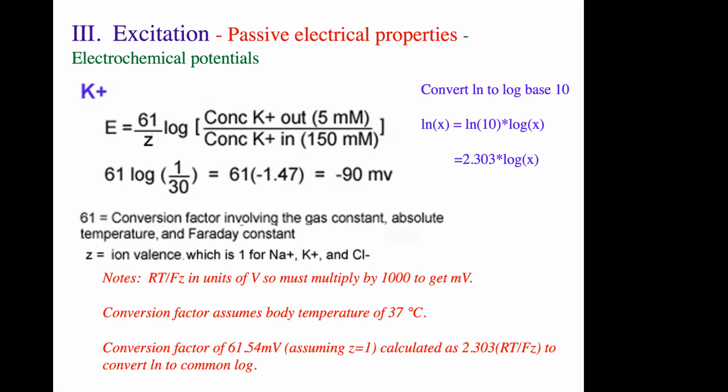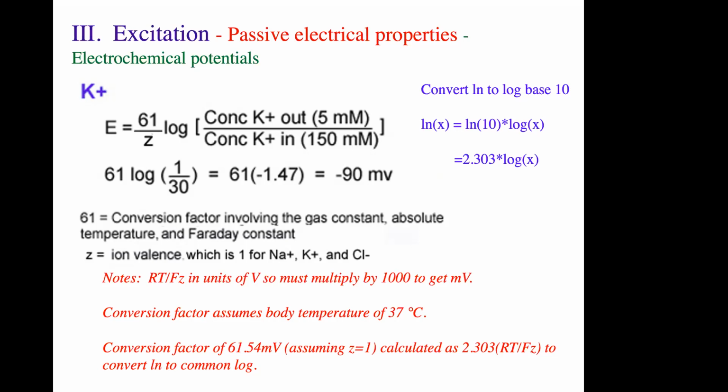And then we just take the log base 10 of the ratio of potassium on the outside relative to the inside of the cell. Now, the constant of 61 here, where we get that from, is basically RT over FZ times the value of 0.2303.